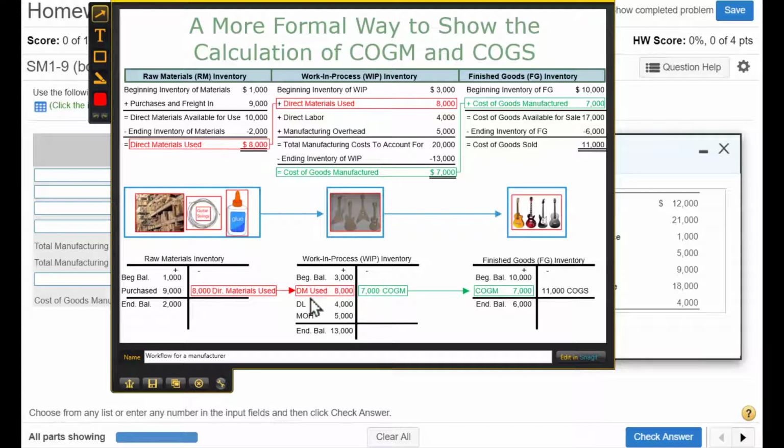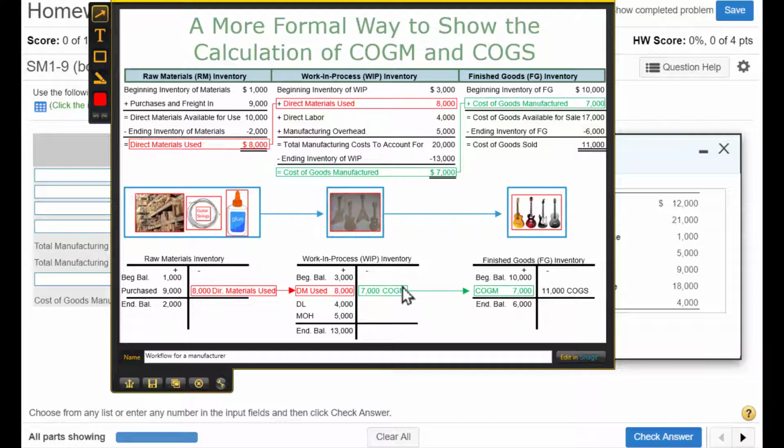And other costs that are in the work in process, the WIP inventory account, include DL, which is direct labor, and MOH, which is manufacturing overhead. And then when the guitars are finished, we lower the work in process inventory account because they're no longer in process. In this case, $7,000 of guitars, that's our cost, have been removed from the work in process inventory and are now in our finished goods inventory, like our warehouse or on the shelves of the store.